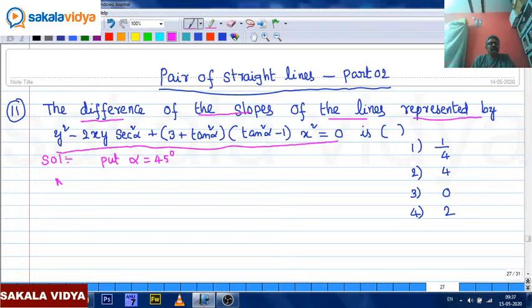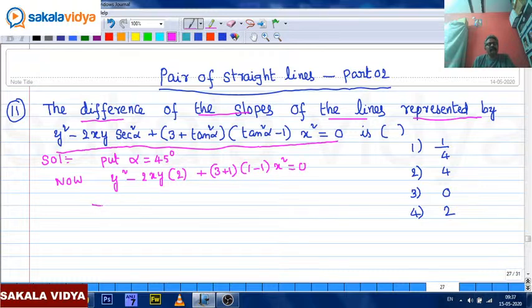So now it becomes y square minus 2xy secant square alpha. Sec 45 degrees is root 2, square is 2, plus this will be 3 plus 1, and this will be 1 minus 1, of x square equals 0.